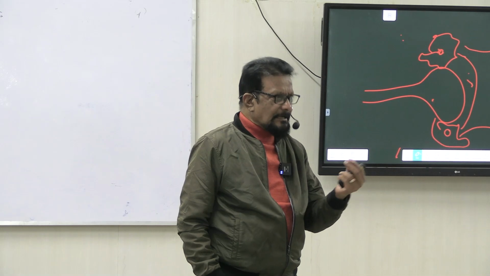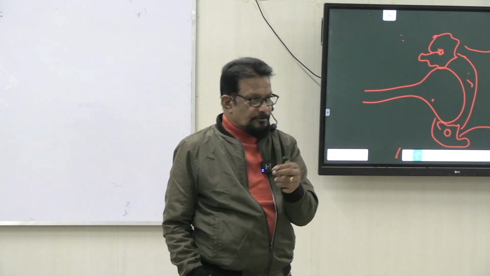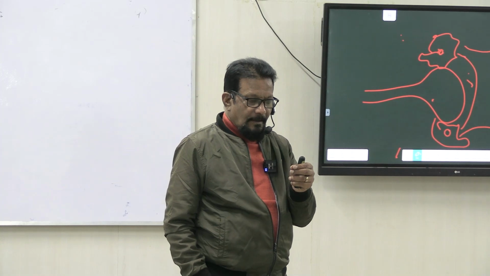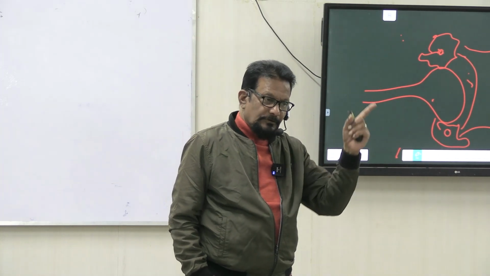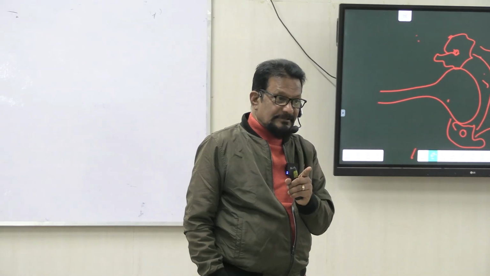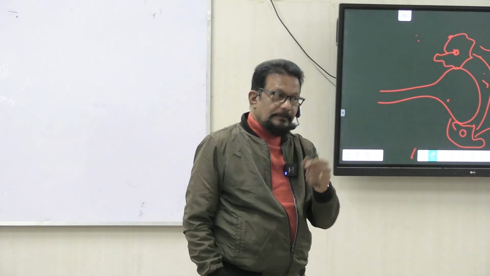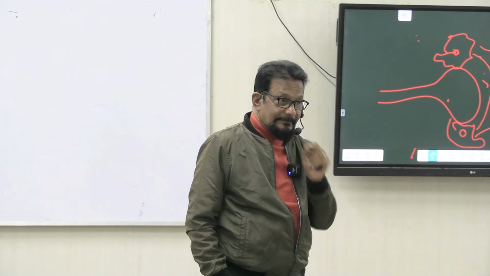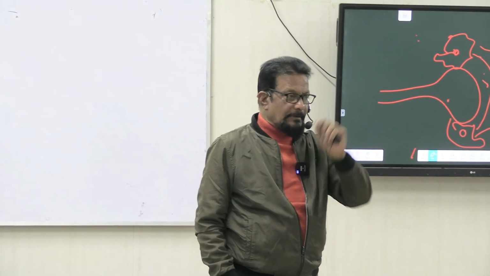Glucose. Initially the glucose, in the cytoplasm, undergoes glycolysis. And the end product of glycolysis is what? Pyruvic acid. If the condition is anaerobic, then this pyruvic acid is converted into lactic acid.